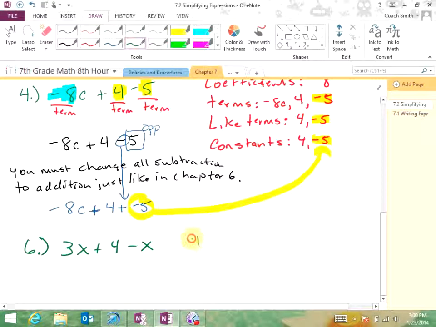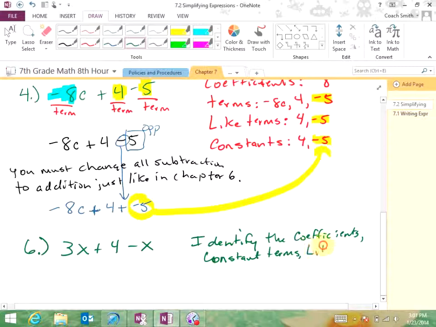And they want us to identify the coefficients, the constant terms, and like terms.